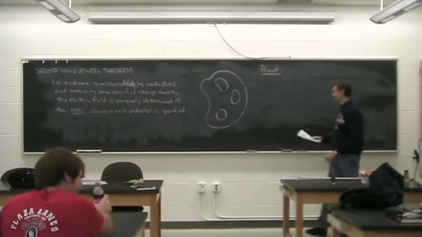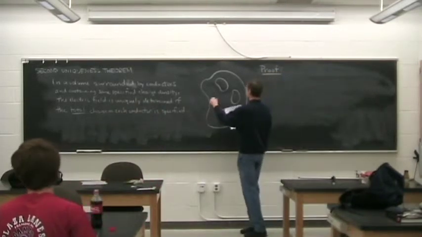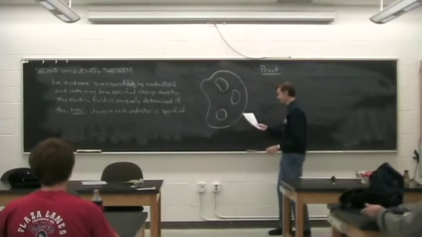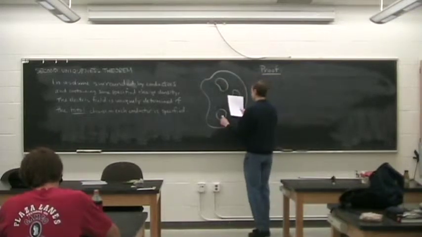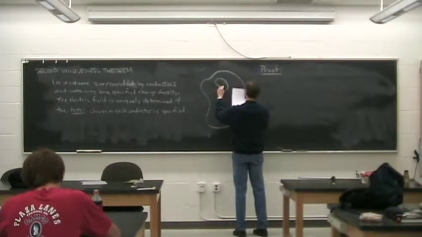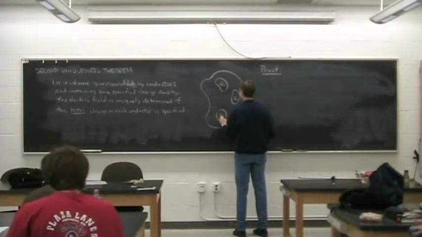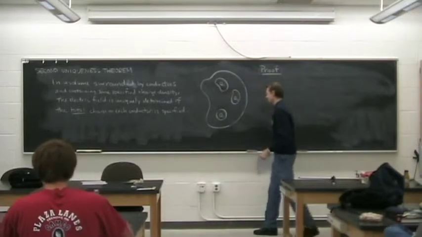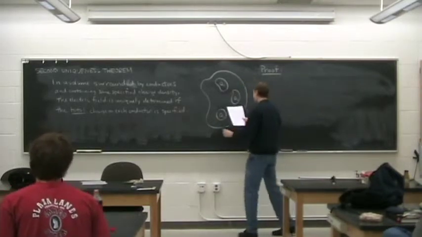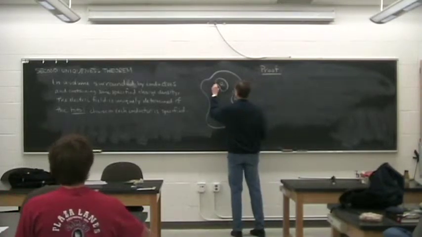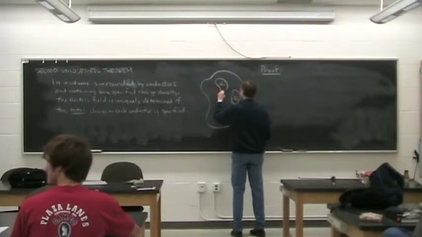So, here's our picture, where we've got a bunch of conductor surfaces. We'll say that this one has Q1 on it, and this one has Q2, Q3. In general, you call it Qi on the ith conductor. We'll make a bunch of cute little Gaussian surfaces. Well, they could be big.